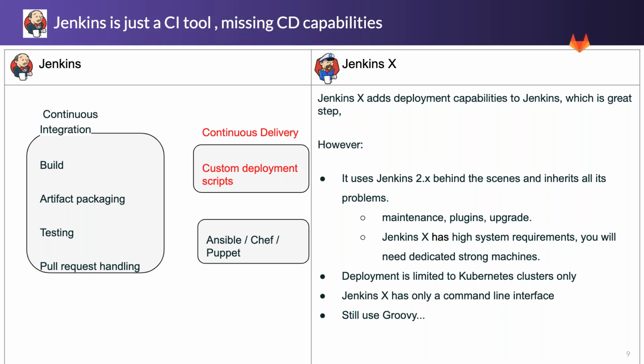And Jenkins X is limited to Kubernetes cluster only, at least for now. And it doesn't have a UI. It uses only a command line interface. And still it uses Groovy, with all of these advantages of Groovy. But again, it's better than Jenkins because it's a great step that they support Kubernetes and cloud native.